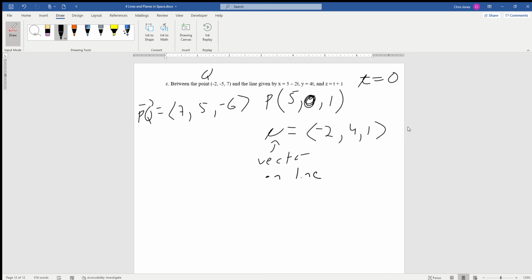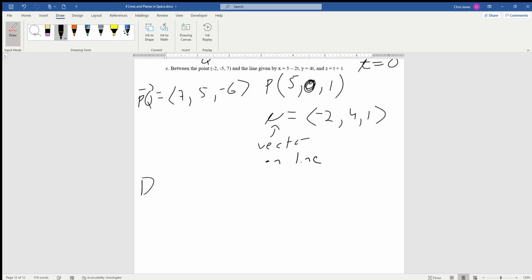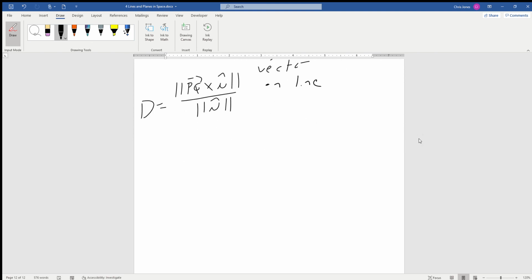We could throw it into our projection formula. So the distance, remember, is going to be the magnitude of PQ cross U divided by the magnitude of U. So we just need to find a cross product, the magnitude of the cross product, and then the magnitude of the direction vector, and we are good.